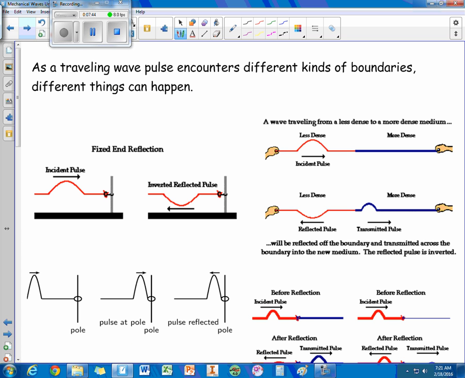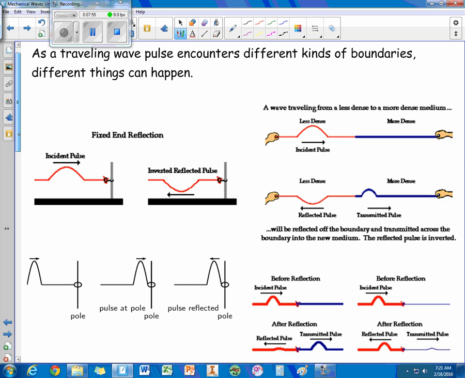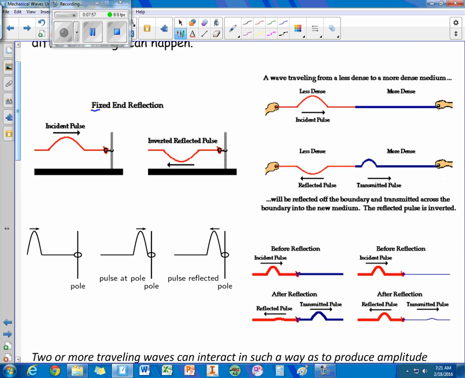Now, using this then, let's say we have a wave pulse on a string, and we let it encounter different kinds of boundaries. So first off, we have the fixed end. So we have our wave pulse coming. When it encounters the fixed end, its amplitude switches, and it goes back as a negative amplitude.